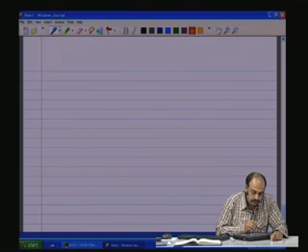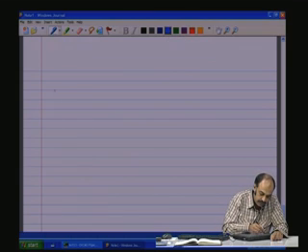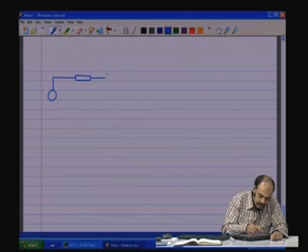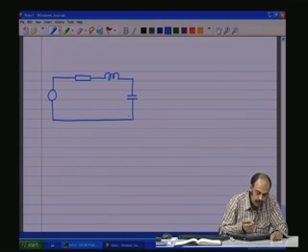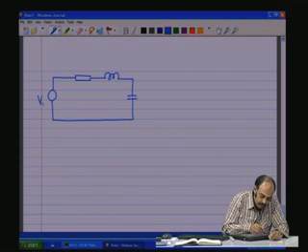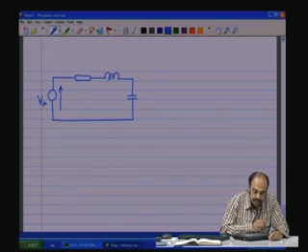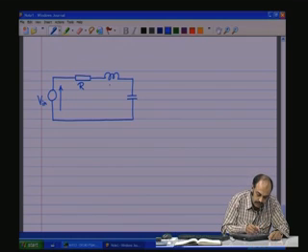You can apply it now to an RLC circuit. You have R, L, C. So, you have RLC, V in the input source, the reference, R, this is L and C. This is going to give an impedance jXL, this is going to give an impedance minus jXC.